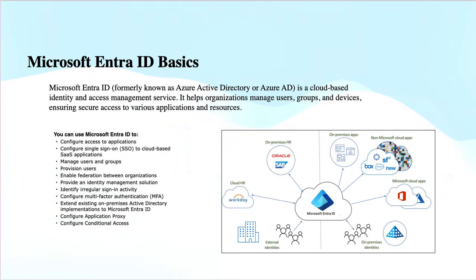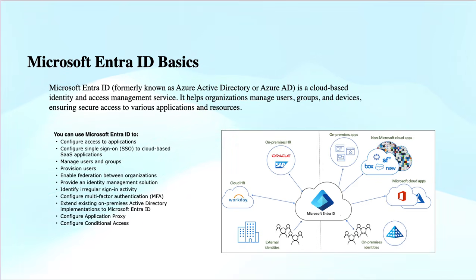For multiple applications, the users need to use a single work or school account to access them. Manage users and groups. Users are the identities assigned to human beings, and groups are used to group multiple identities logically together for assignment of permissions or policies.